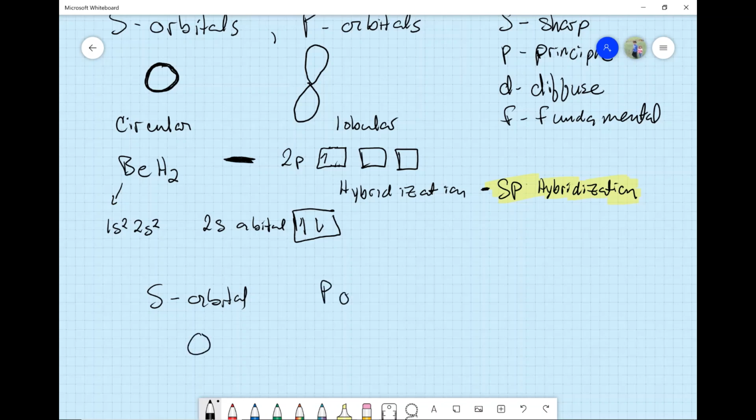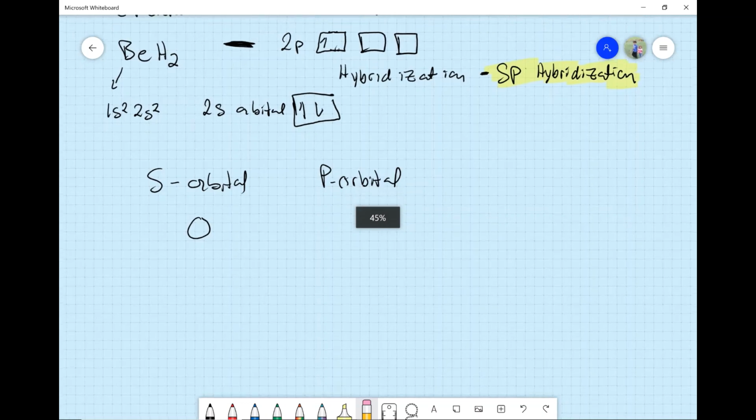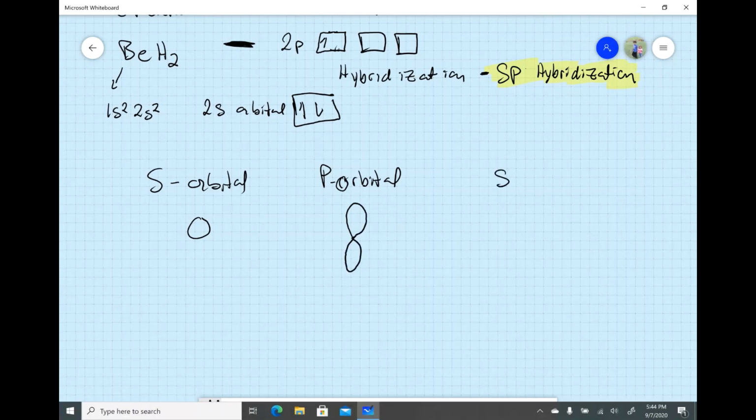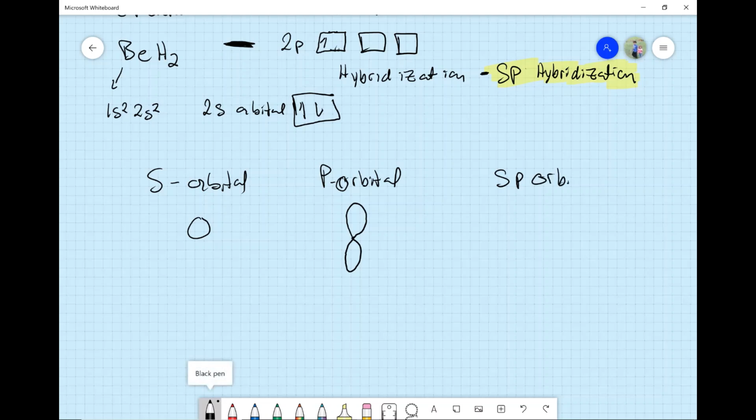This p orbital is lobular, and it's actually supposed to be pretty much the same on either side. And an sp orbital looks like this. So it's kind of a mixture of them both. And let me draw that a little better. sp orbital. So it's kind of a mixture of both.